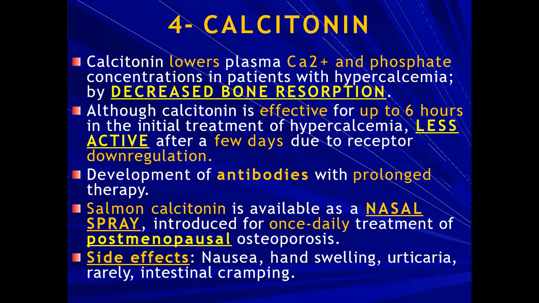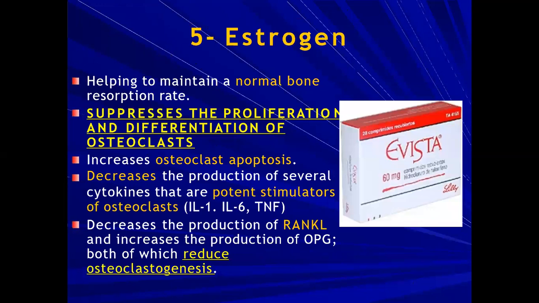Salmon calcitonin is available as a nasal spray, introduced for once-per-day treatment in postmenopausal osteoporosis. The side effects are nausea, swelling, urticaria, and intestinal cramping.